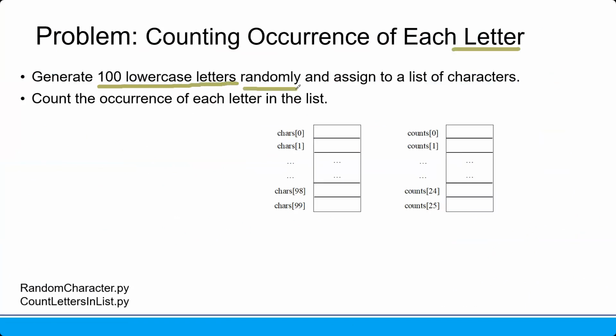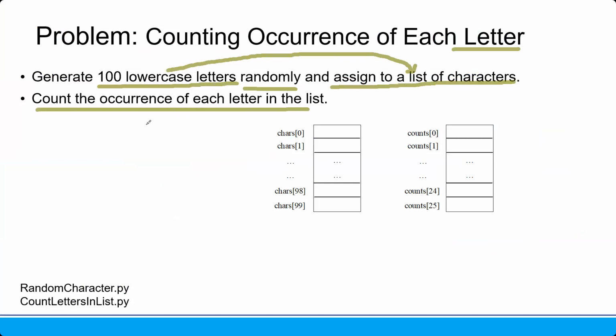We just randomly from numbers, and then we want to check, we want to assign every one of these letters into a list. So after you have a list of characters, now check how many A do you have? How many B do you have? How many C do you have? And so on.